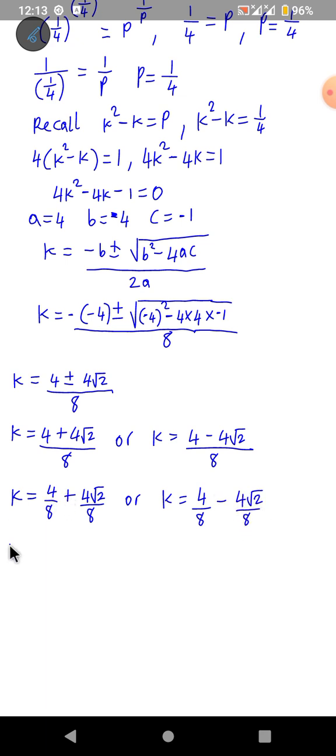Now we write again k equal to 4 over 8, which is the same thing as 1 over 2, plus 4 divided by 8. This side will now become root 2 over 2, or you say k equal to 4 divided by 8, that's 1 over 2, minus 4 divided by 8 again, that's what? Root 2 over 2. So this is my final solution for k in this equation.